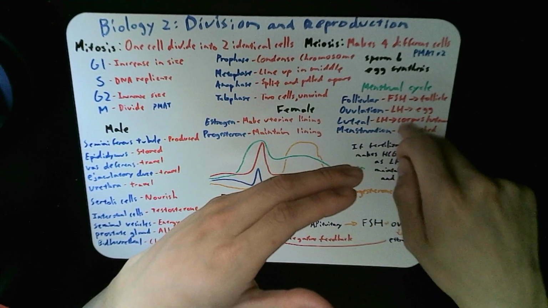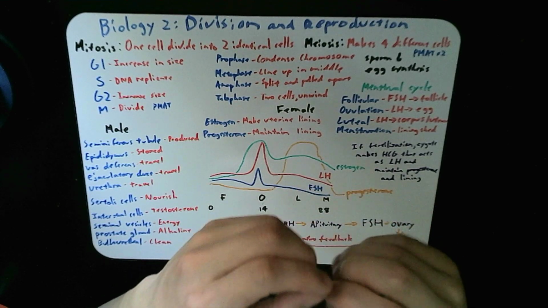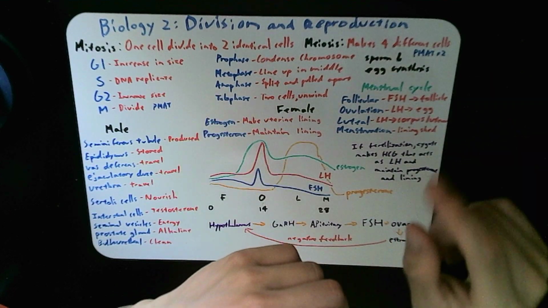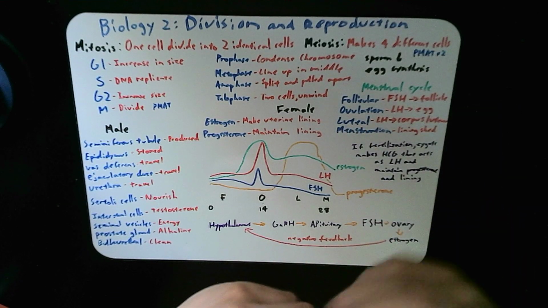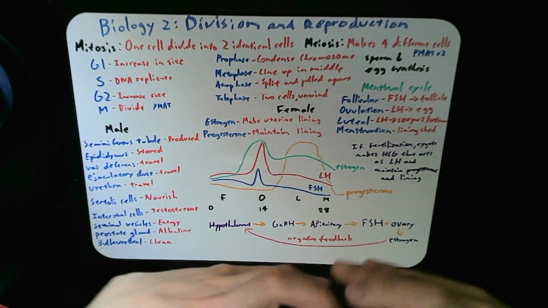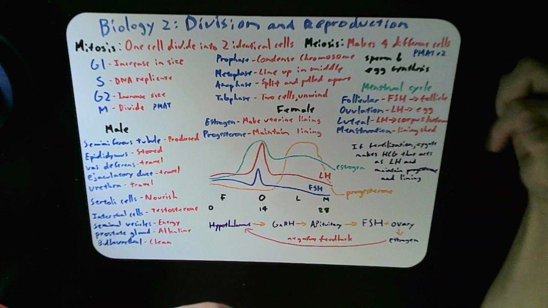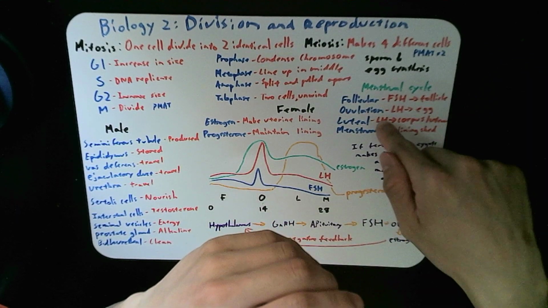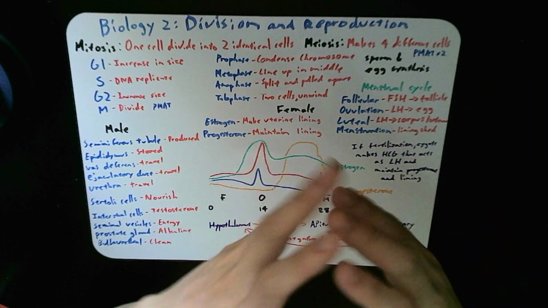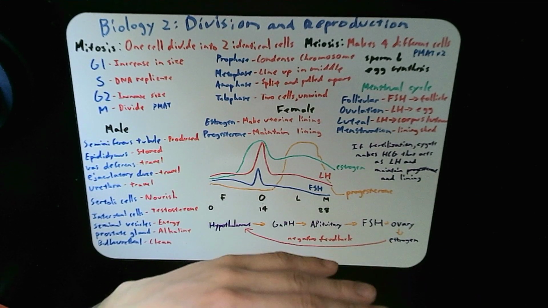Ovulation occurs when there's a luteal hormone surge. That surge causes the egg to be released from the follicle, and then the remains of the follicle are generated into a corpus luteum. Corpus means body, luteum is luteal, so you can think of it as luteal hormone generating the luteal body, and that body is what generates progesterone.